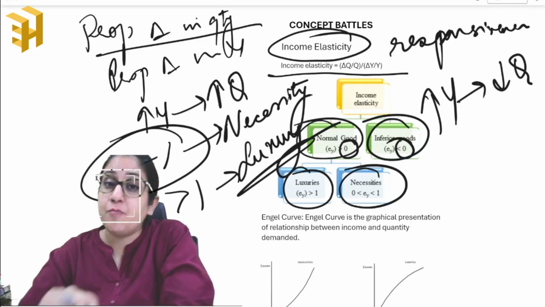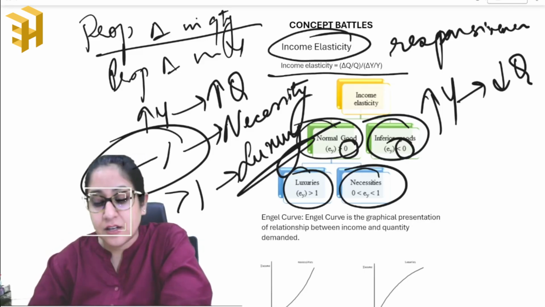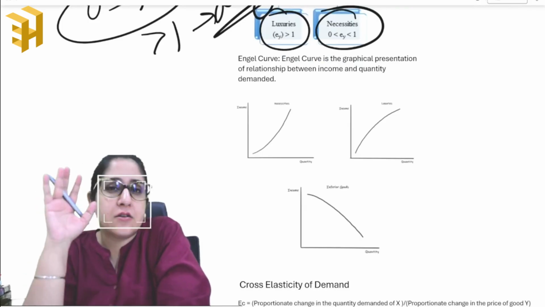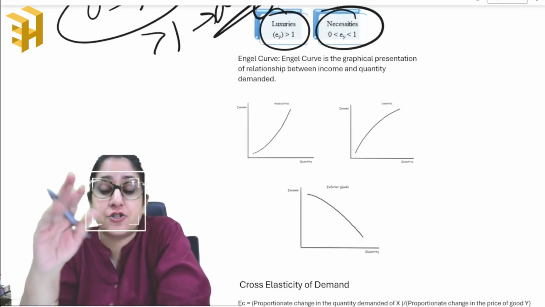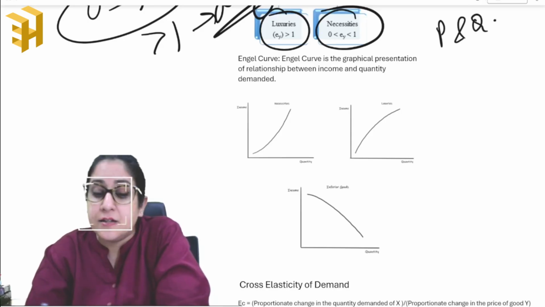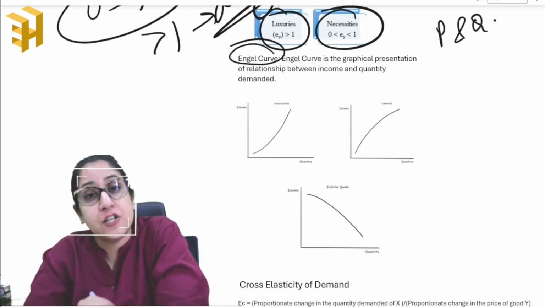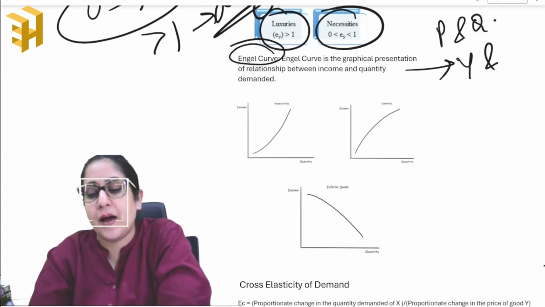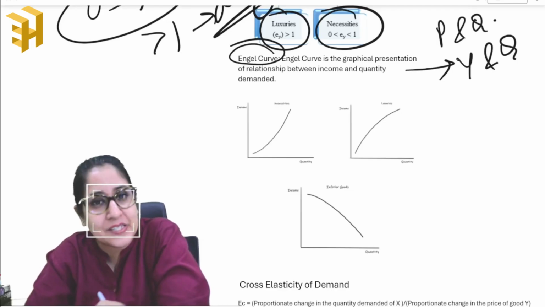But a very important thing here is the concept of your Engel curve. Just like the demand curve shows the relationship between price and quantity demanded, the Engel curve actually shows the relationship between your income and your quantity demanded.